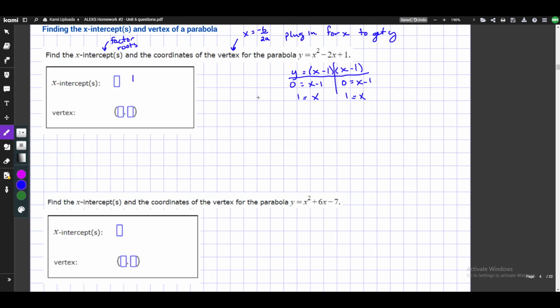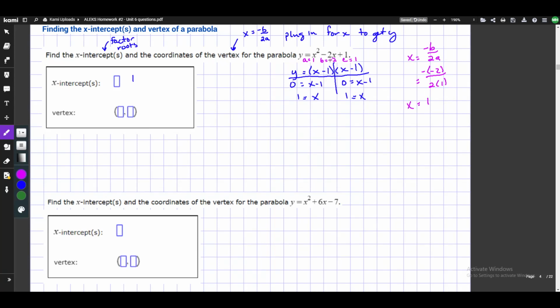All we need to do is put in that 1. For the vertex, I have a equals 1, b equals negative 2, and c equals 1. I have x equals negative b over 2a, so it equals negative negative 2 over 2 times 1, which is 2 over 2, which is just 1. That's the x.